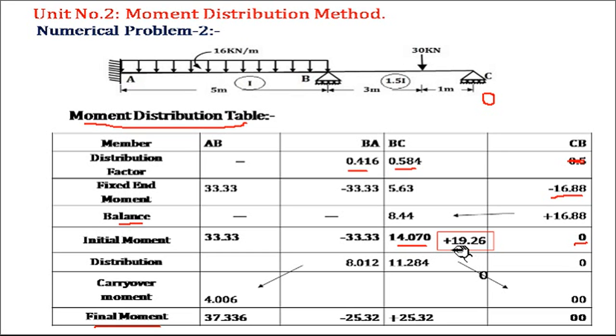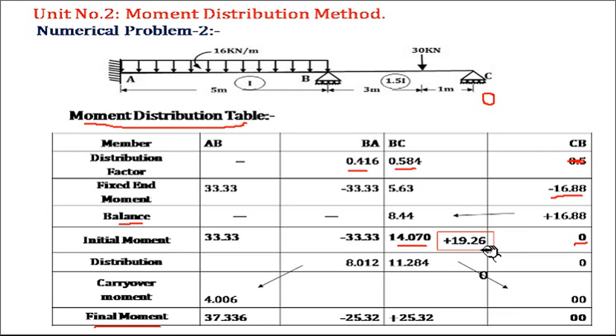So here we have to apply the correcting moment, that is plus 19.26. Now this difference we have to distribute in members BA and BC. As the difference is minus, the correcting moment will be plus 19.26. This correcting moment is distributed in members BA and BC according to the distribution factors.